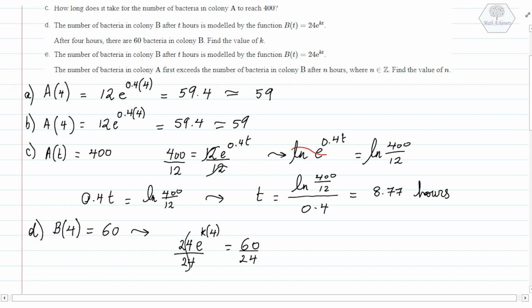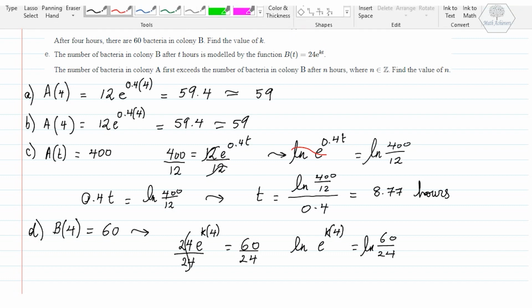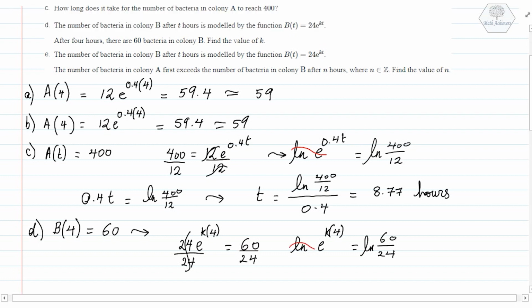These will cross out. Now I'm having e to the power of k times 4 is equal to 60 over 24. To get rid of the e, I need to use ln for both sides. This ln with the e will cross out.